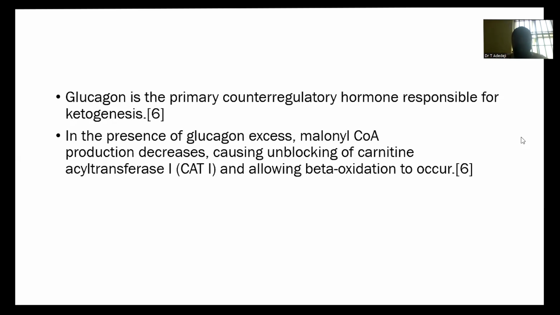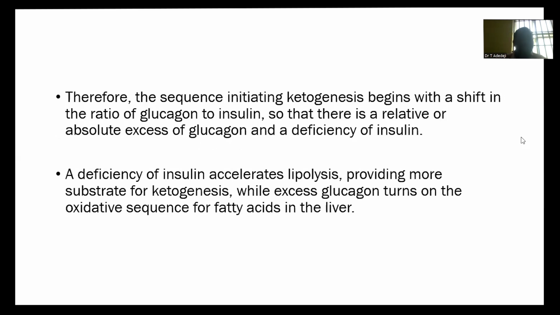Glucagon is the primary counter-regulatory hormone responsible for ketogenesis. In the presence of glucagon excess, malonyl CoA production will decrease, and this will unblock carnitine acyltransferase 1 and allow beta oxidation to occur, and that will eventually lead to ketosis, ketonemia, and then ketonuria.